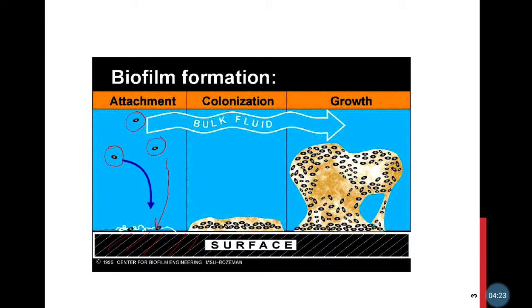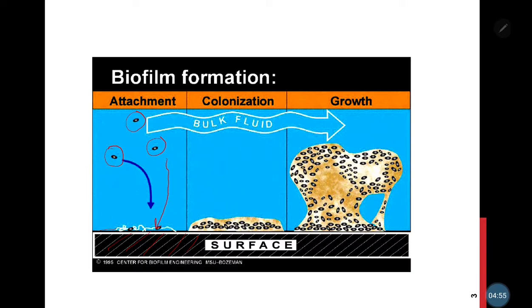And then for the next phase, from the slime formation, it may change into different forms. The microorganisms which are attached to the surface will transform into a thicker layer.